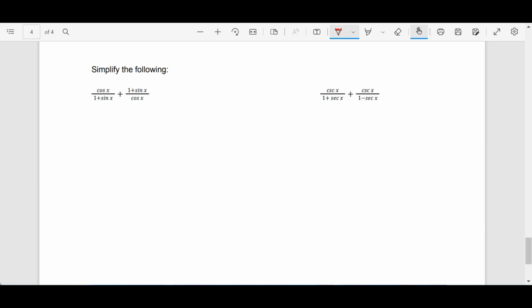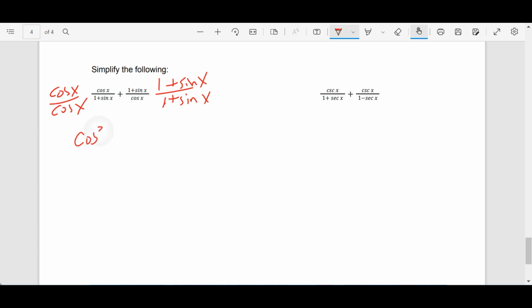For problems like these two right here, we need a common denominator. Usually a common denominator will get us to where we want to be. I notice this right part does not have a 1 plus sine x, so you need to multiply that to both the numerator and denominator. And this one doesn't have cosine x, so it's going to multiply by cosine x over cosine x.